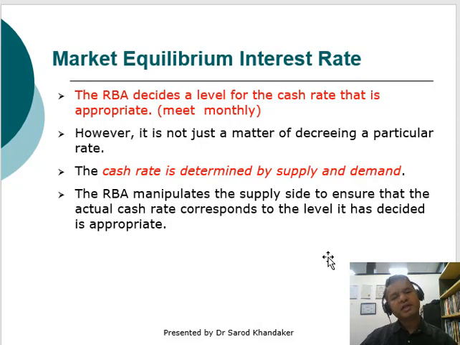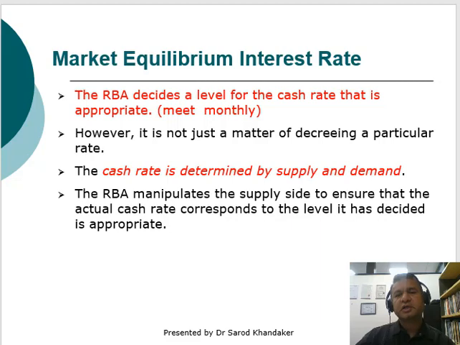So what is the market equilibrium interest rate? The RBA decides a level for the cash rate that is appropriate, and they meet monthly. So they decide what is the appropriate cash rate for that particular country. The RBA wants a cash rate that will have an impact on the growth of the economy. The RBA does not want inflation to go up rapidly.